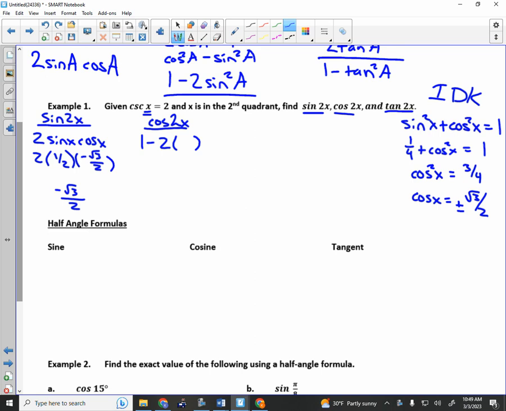If we square a half, we get a 4th. Notice that it's right here we squared sine. That's why I like to use sine, because it's often already used over here. So we see it's a 4th. What's 2 times a 4th? 1/2. And what's 1 minus a half? 1/2.